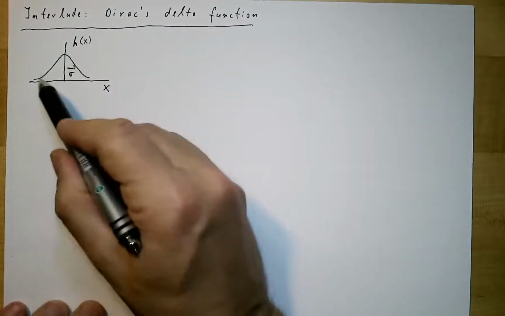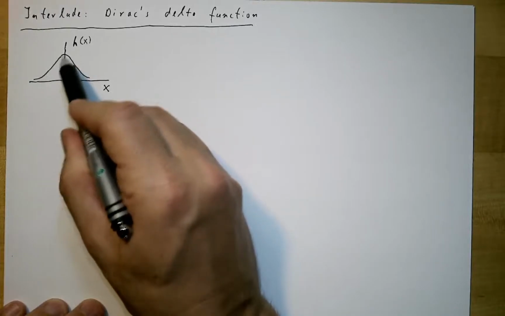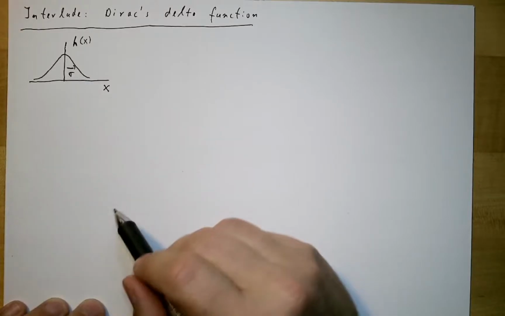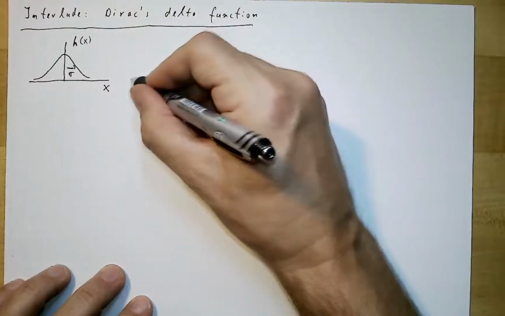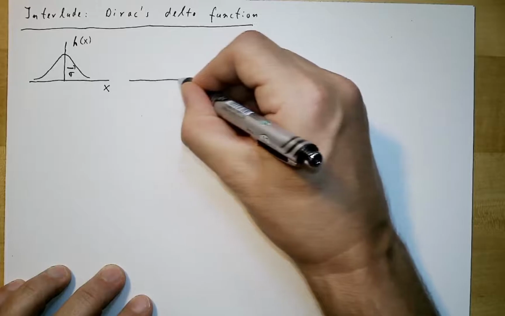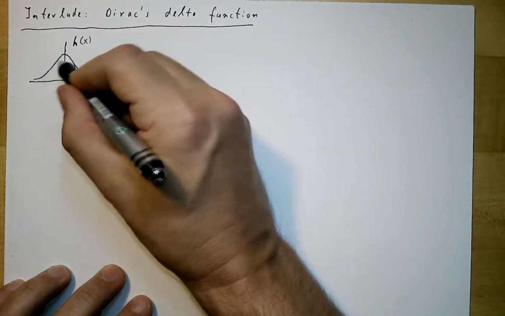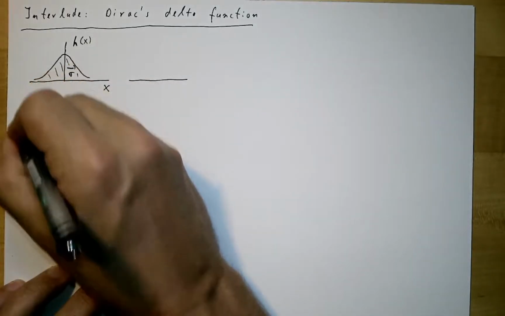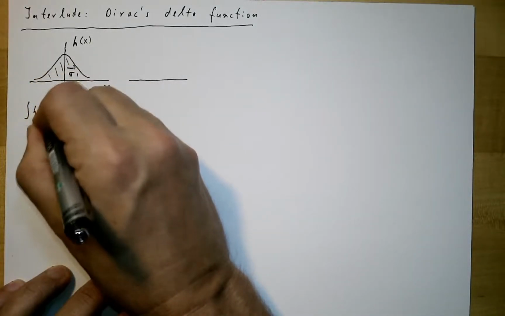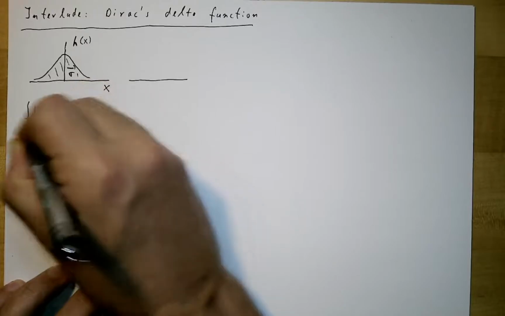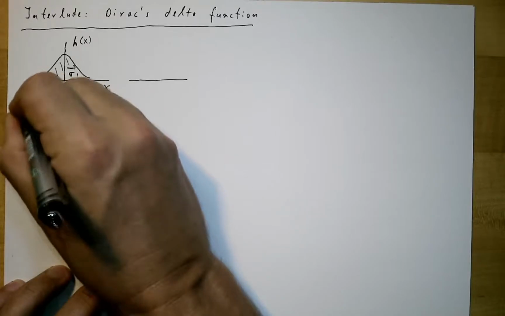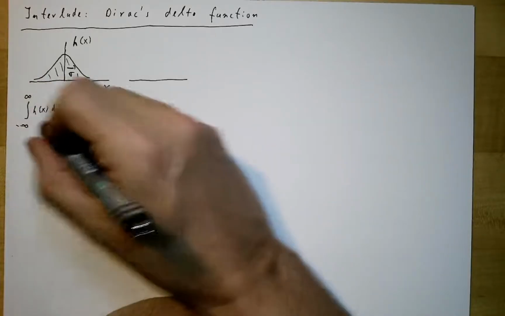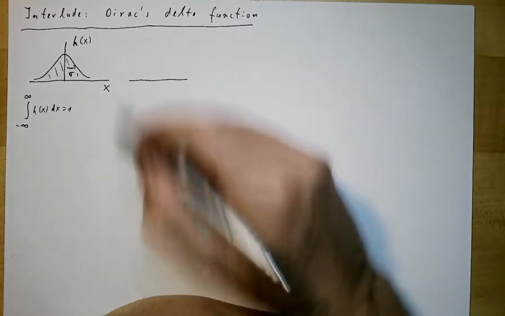Such a function expresses a variable which has high value around 0 and small value far from 0. And we want the integral of h of x dx from -infinity to infinity to equal 1, as in the probability distribution.